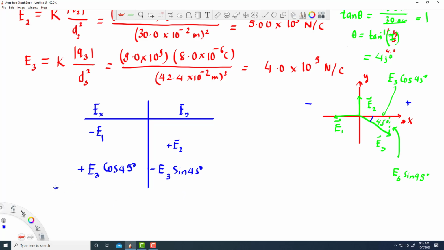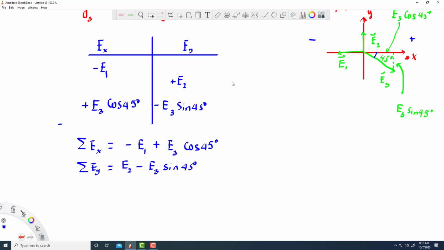And then you add all the x and y components. Our sum of all the x components would be minus E1 plus E3 cosine 45 degrees, and our sum of all the y components would be E2 minus E3 sine 45 degrees. So let's plug in the values.